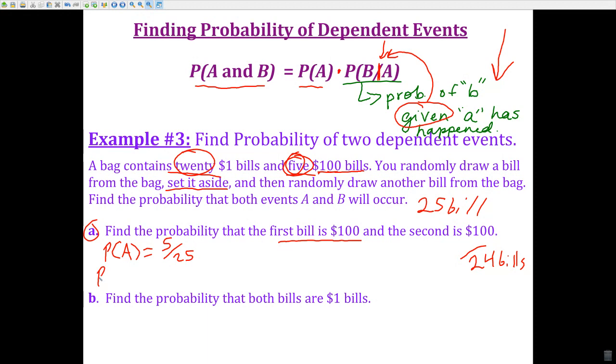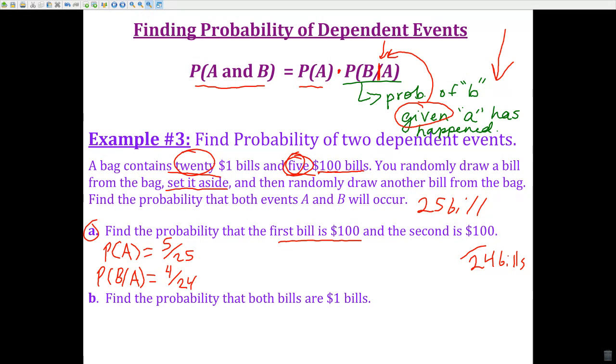So the probability of B given A just happened, you pulled the $100, is that you have 4 $100 bills out of 24 total bills left in the bag. Okay, these are the ones that you have to pay attention to the wording on.